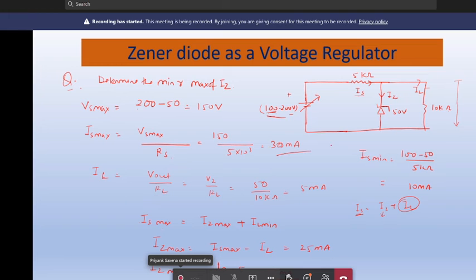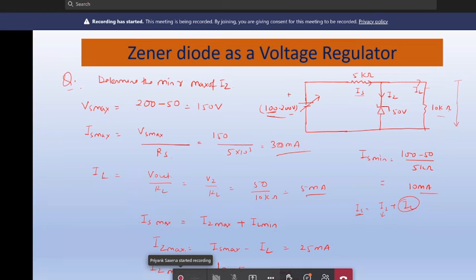So we got this value, right? Then IL is also constant because our load is fixed. So IL is V out upon RL, right? 5 milliampere. So now what is the value of IS minimum? IS minimum will be 100 minus 50 divided by 5 kilo ohm, right? So that is 10 milliampere, and IS max equals IZ max plus IL min.